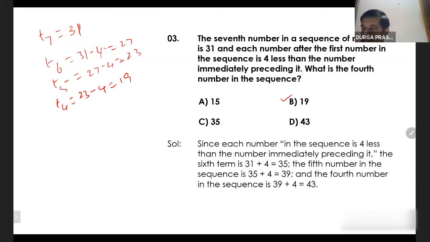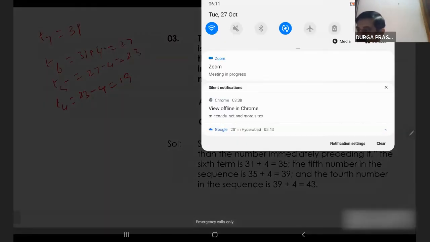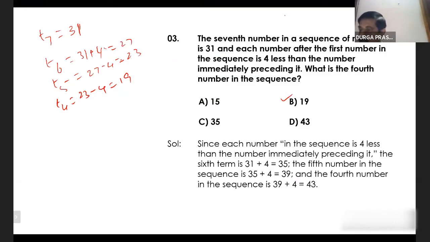So this is plus. It is 35, 35 plus 4 is 39, 39 plus 4 is 41. So the option should be 43. Sorry, the option should be 43.